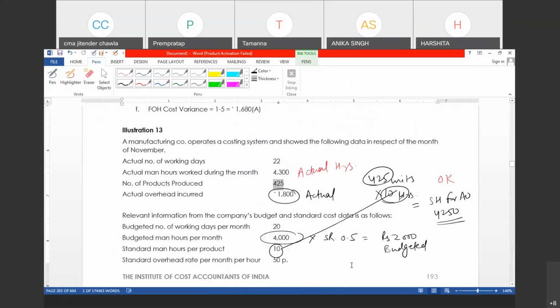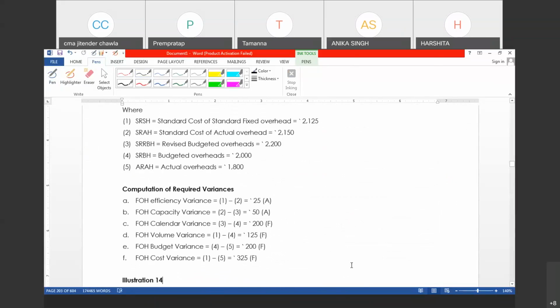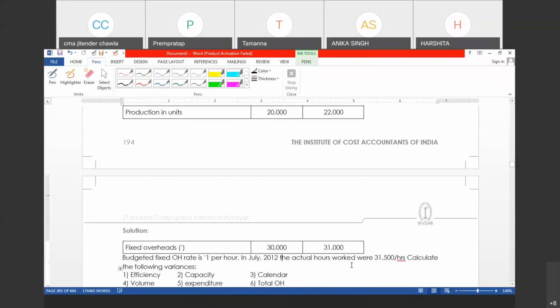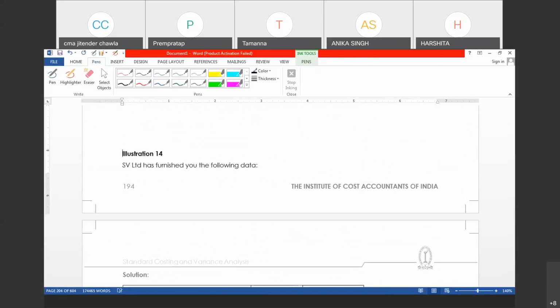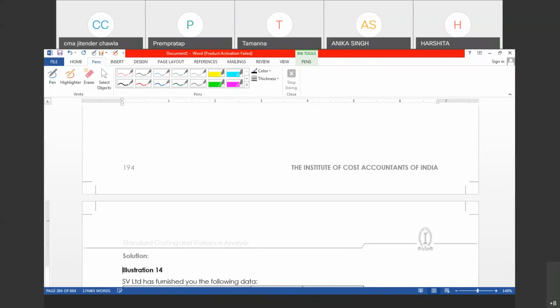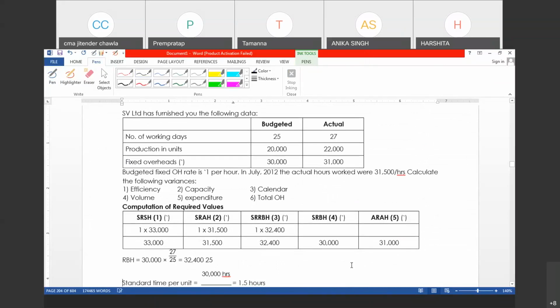So, one more illustration. This one is illustration 14.